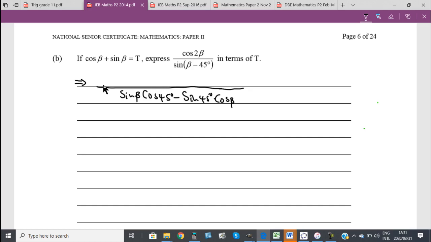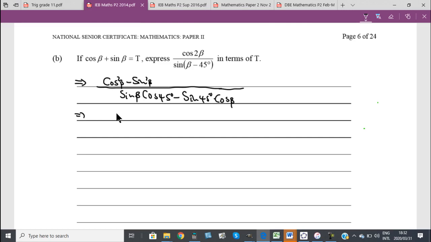Okay, and usually the correct choice comes with more practice, basically. So I'm going for cos squared beta minus sine squared beta.